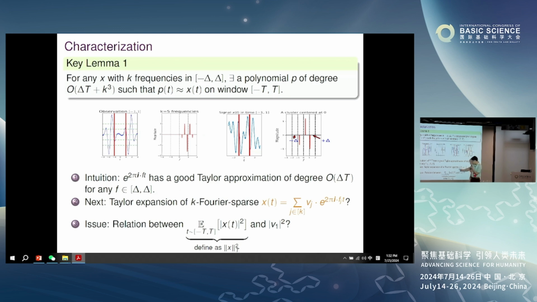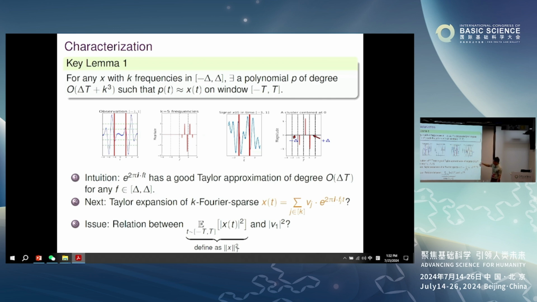The approximation guarantee we want to obtain is the expected L2 norm of x. We have seen this before. The real issue is we want to understand the relation between the expected L2 norm and the Fourier coefficients.